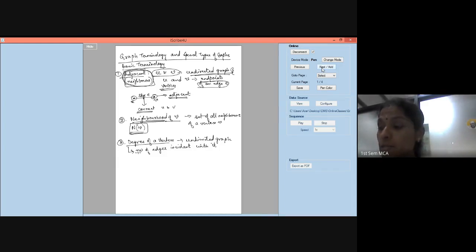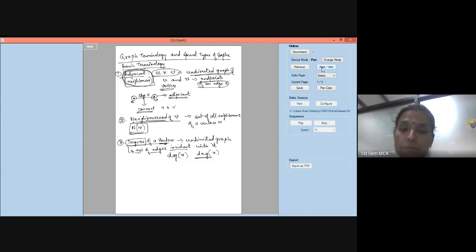Incident means how many edges are starting from that particular vertex. It is represented by deg(V). The number of edges incident with it is called the degree of that vertex. Let me take an example.